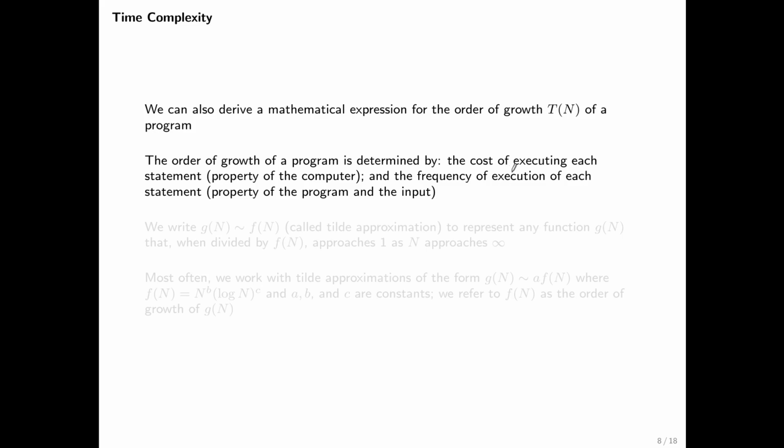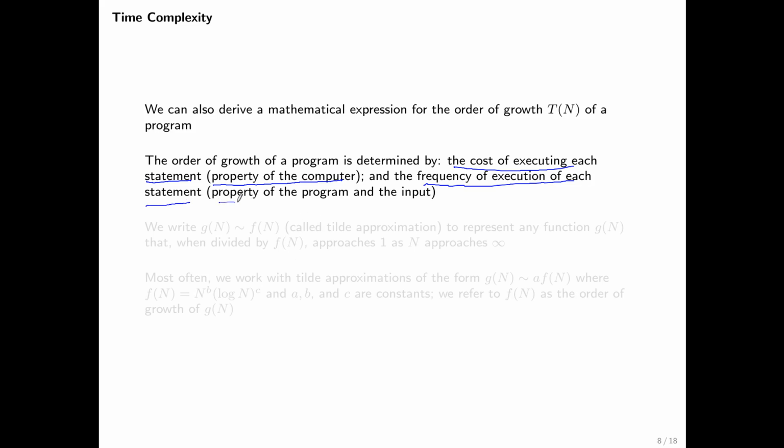It involves the cost of executing each statement, meaning how long does it take for a particular statement to execute, and that it turns out is a property of the computer on which you're running the program. And the order of growth also depends on the frequency of execution of each statement, meaning how many times does that statement execute in solving a certain problem.